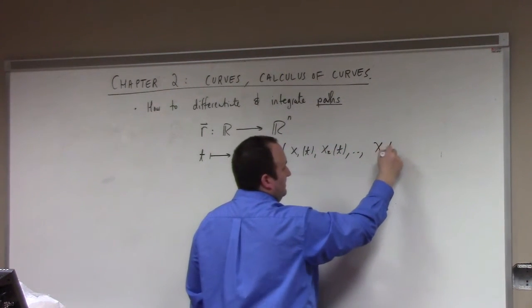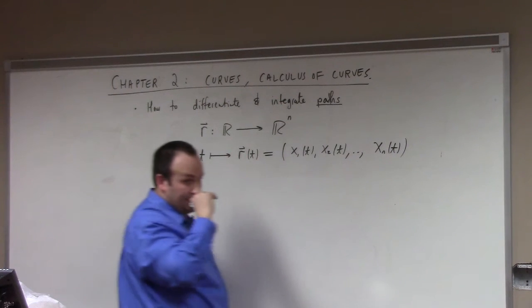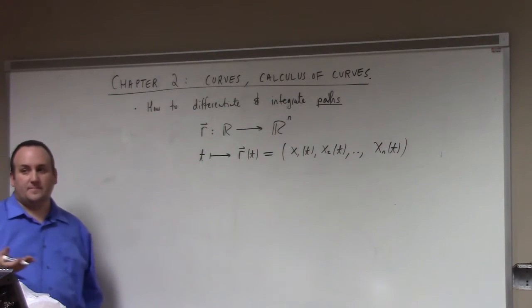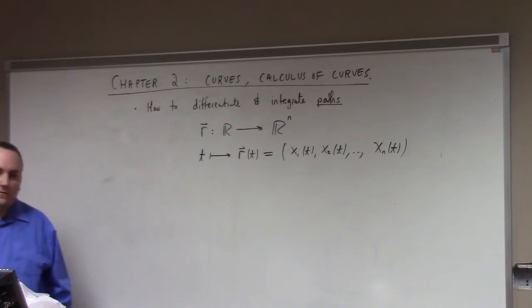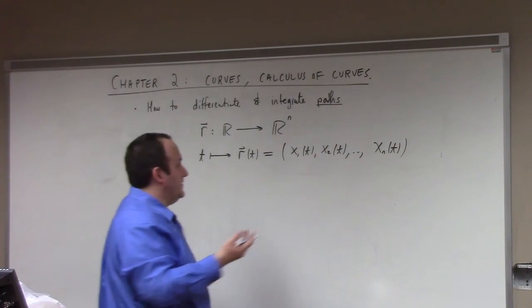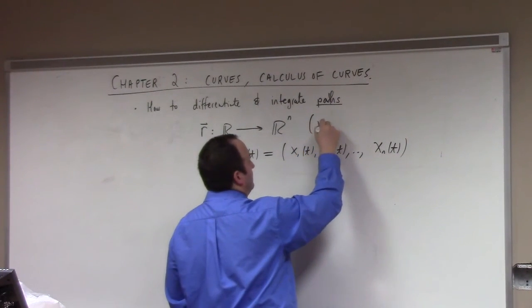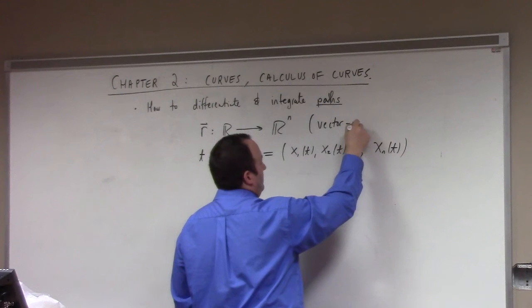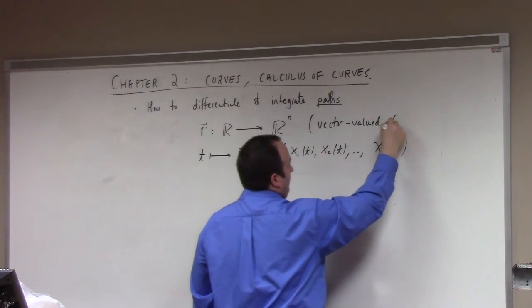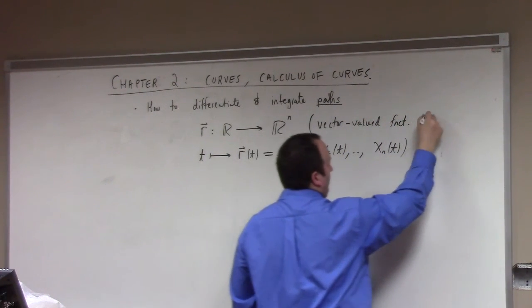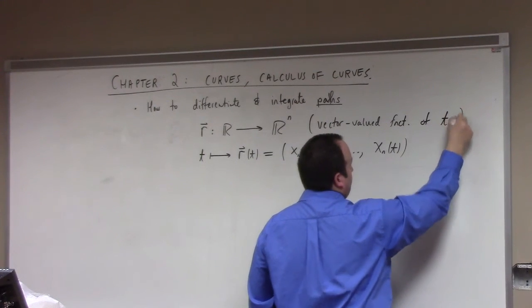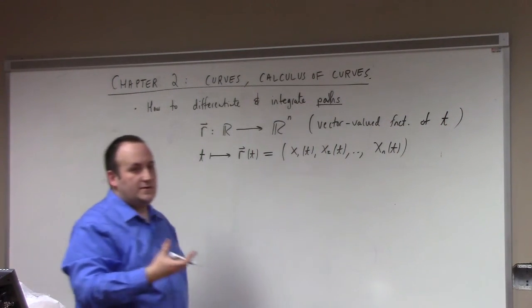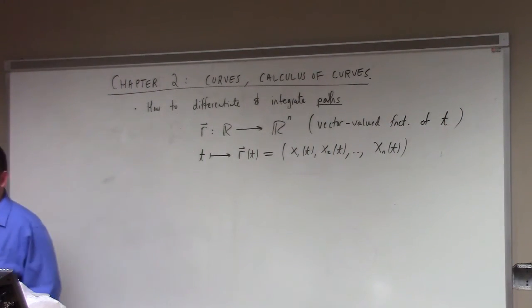You could have n of them. This is a path, also known as a vector-valued function of time. So the output is n-dimensional, but the input is just a real number.